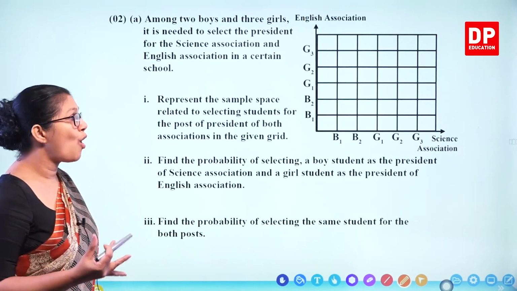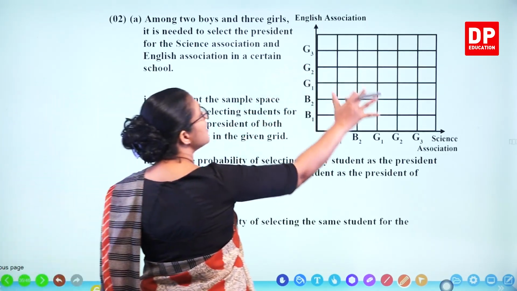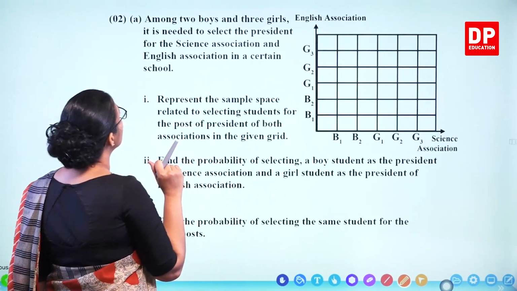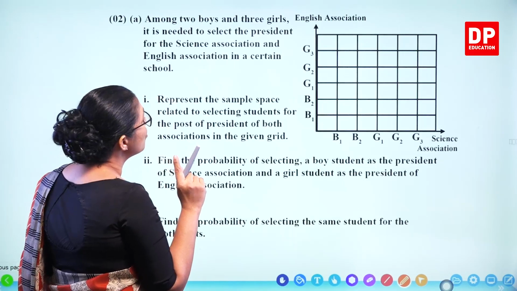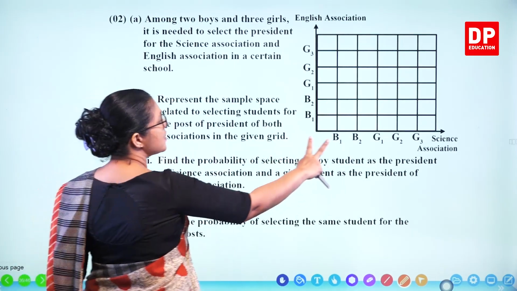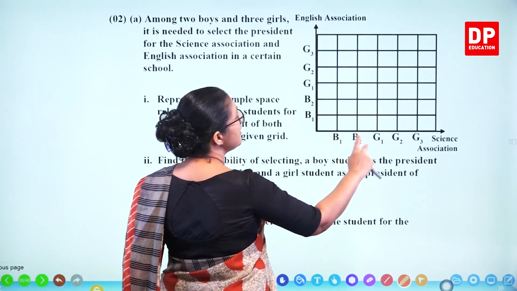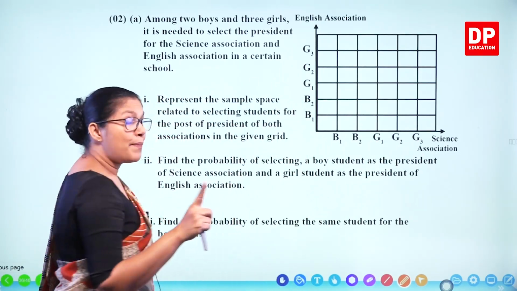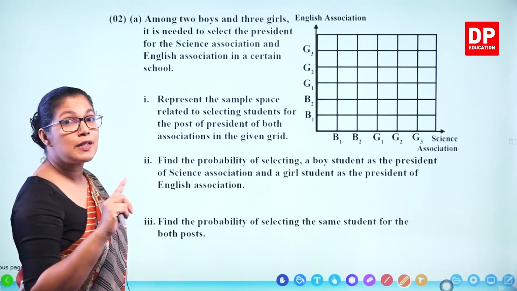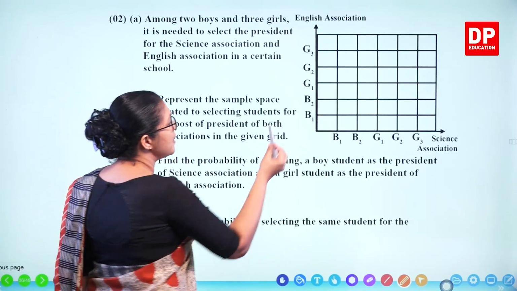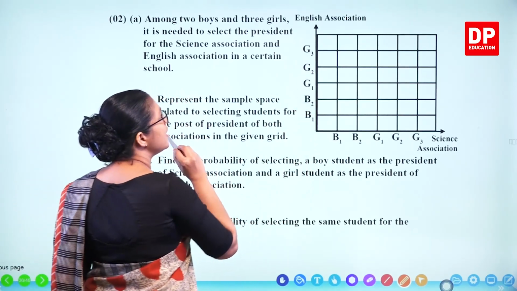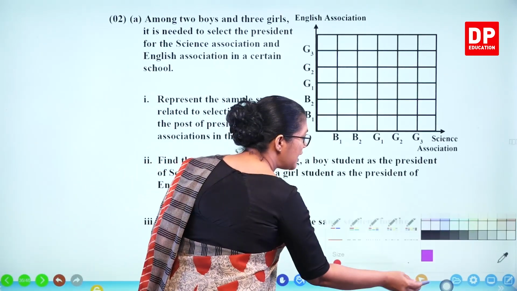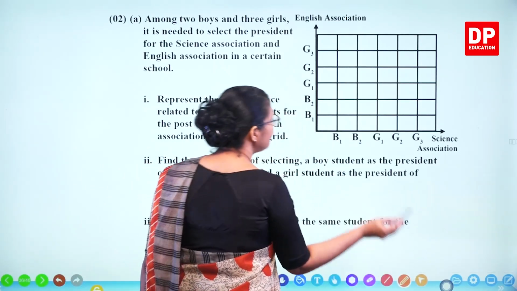So first of all, we need to fill the sample space diagram. So here it says 2 boys, B1 and B2, and 3 girls, G1, G2, G3. So same person can participate for both. So that means you can write all 3. So what are the possibilities you can get?